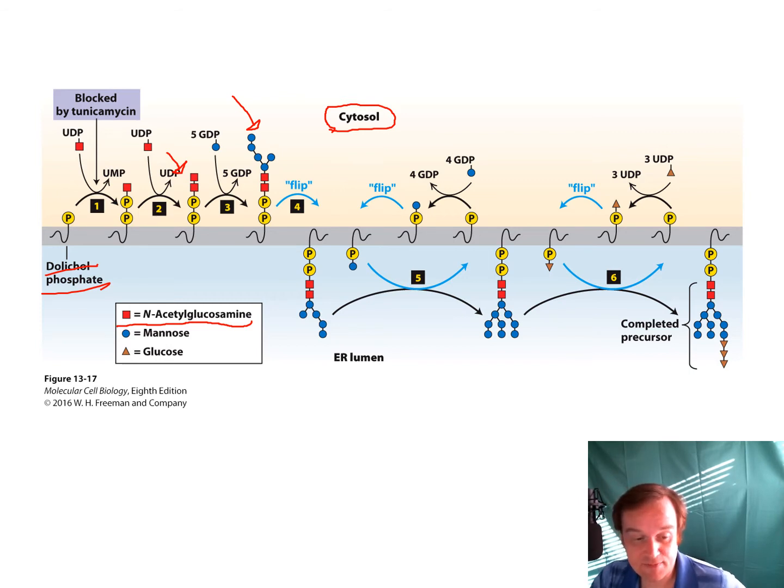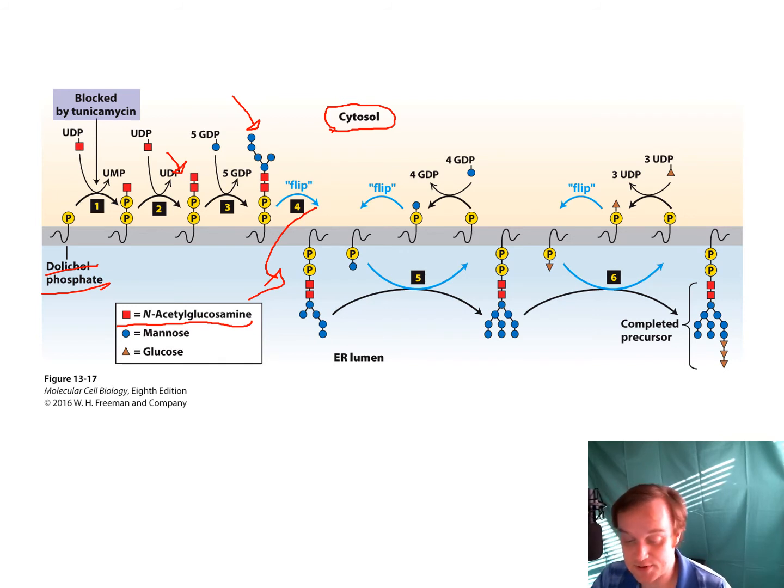Then in step 4, the 7-residue dolichol pyrophosphate intermediate is flipped. As you can see, we were on the cytosol side, and now we are on the ER lumen side, so the entire thing just flips over to the ER luminal face.